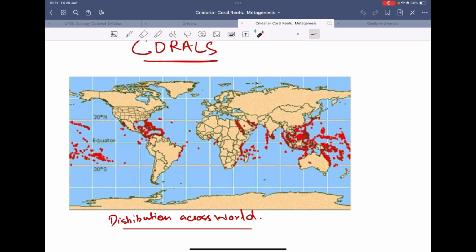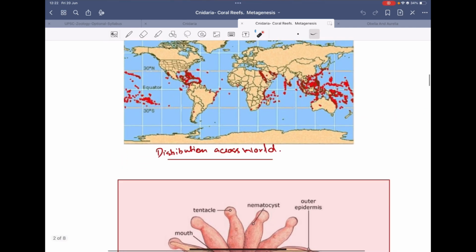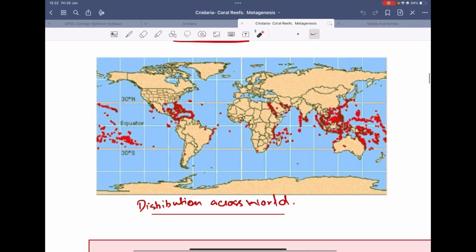The maximum density you will observe is across this area, which also contains the biggest coral reef, known as the Great Barrier Reef. So you can draw this map while answering a question about corals. This is the general distribution of coral reefs.